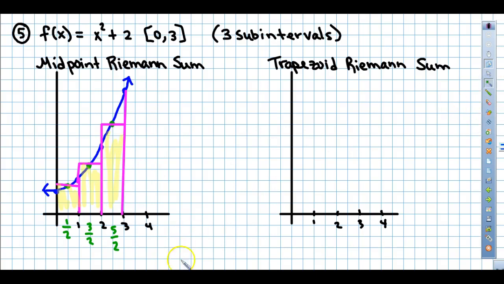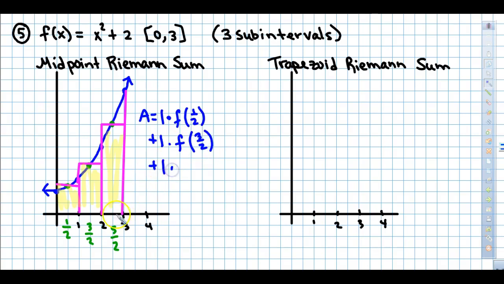So, again, my area is equal to a width of 1 times my height, which is f of 1/2, plus this width of 1 times the height of this rectangle, which is f of 3/2, and then 1 times f of 5/2.